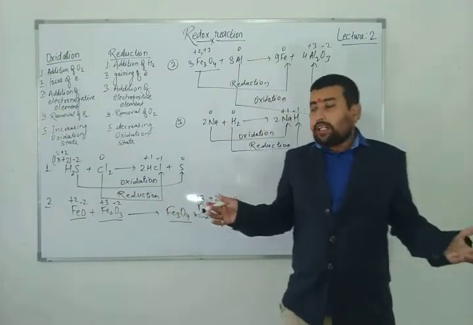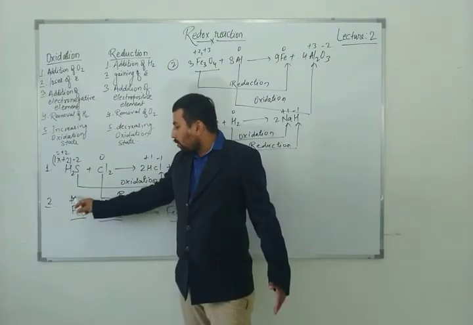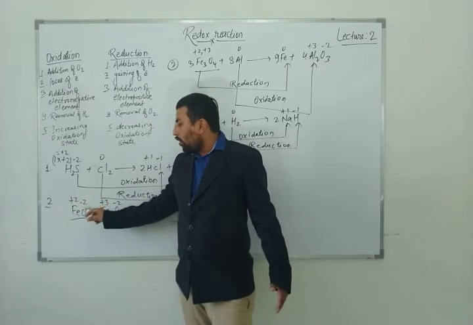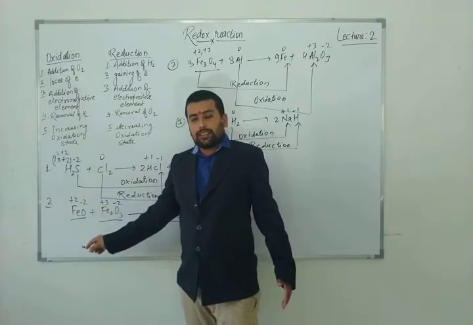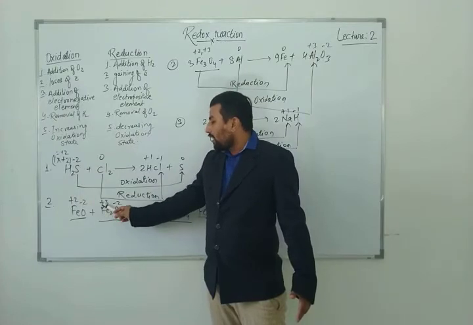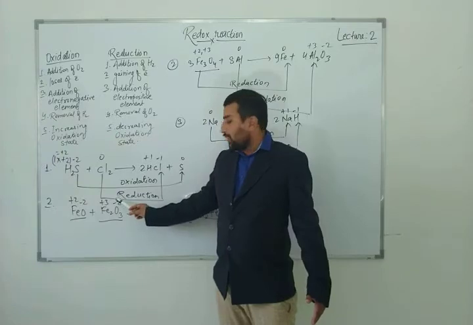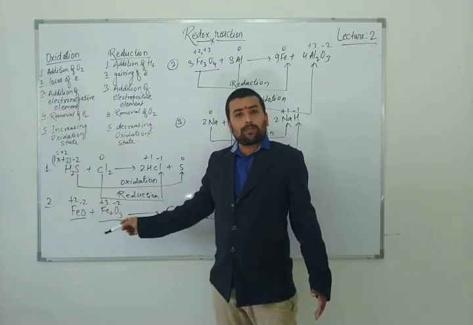For any compound, as for example here you can see +2 and -2. If you add both the numbers, it becomes 0, ferrous oxide. Here also you can see iron exists in +3. There are 2 iron, so +3 times 2 is +6. Oxygen in 3 molecules, -2 times 3 is -6. +6 and -6, you can see here.